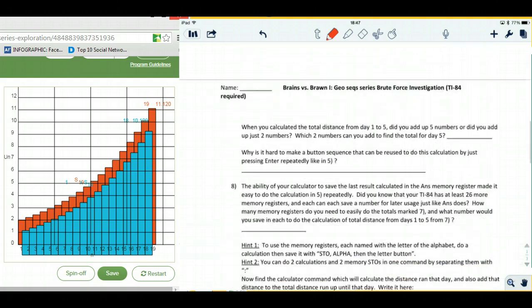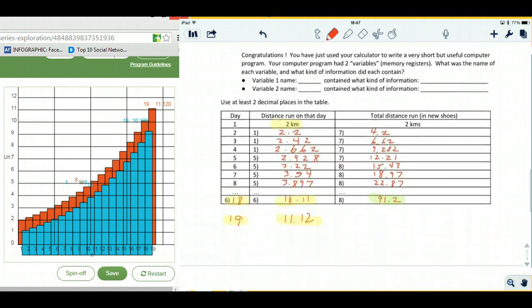The other things that I want you to remember are here at the bottom in the table. I want you to remember that on the first day we ran 2 kilometers, or Javier ran 2 kilometers. And the other numbers I want you to remember is on the 18th day he reached slightly over 10 kilometers, it was 10.11 kilometers.